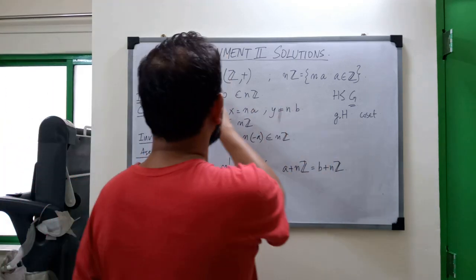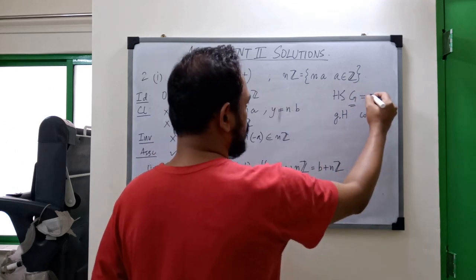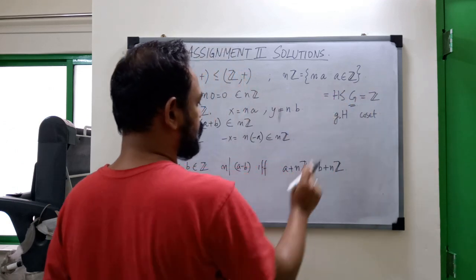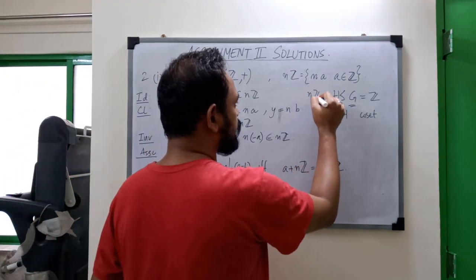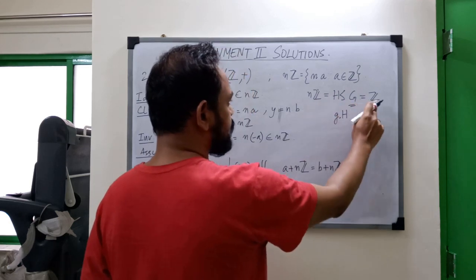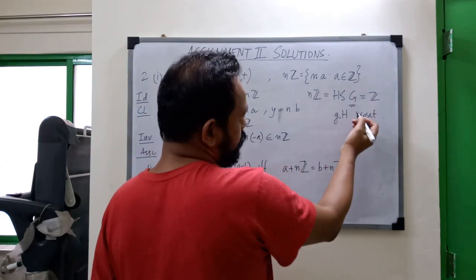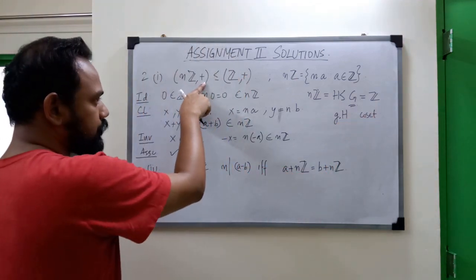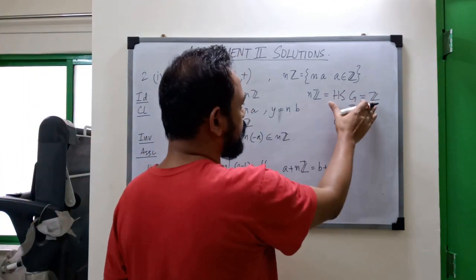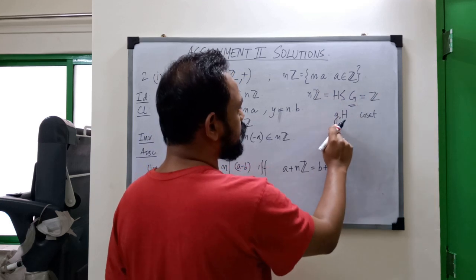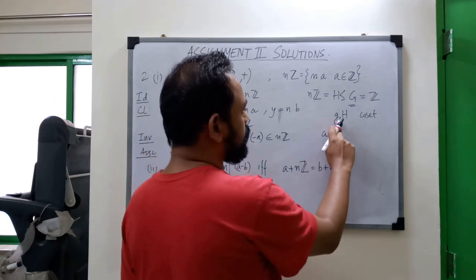But of course, here we are using addition. And G, this is the mother group, which is Z here. And H is this nZ, which we have just proven to be a subgroup. If we take H to be nZ and G to be capital Z, then what we have here, and of course this dot means addition, because that's the binary operation that we're using. So if g is an element of Z, in other words an integer like A, then what would gH look like?